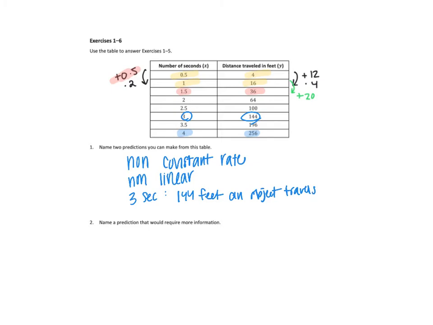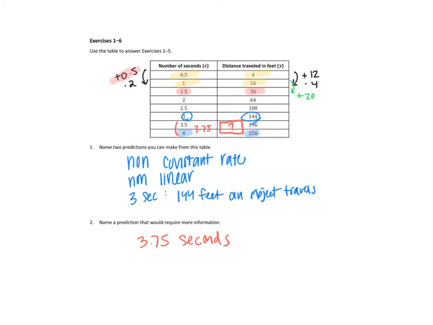Something I can't predict here, and I would need more information, is what number 2 asks me. Well, I would need more information to predict the distance at 3.75 seconds, because you can see there's no 3.75 here, and I don't have a constant rate, so I would need to know the rule for this relationship to be able to find the y value for 3.75 seconds.